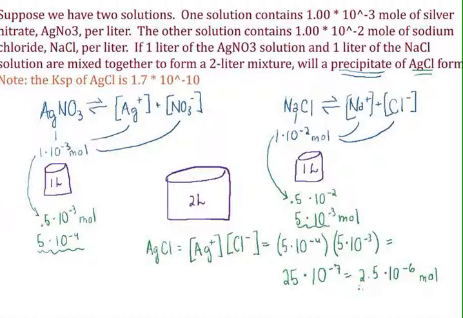Okay, so this is the concentration that I have of AgCl, right? Remember, we talked about this earlier, and I've also given it to you again in this problem. The solubility constant for AgCl is 1.7 times 10 to the negative 10.